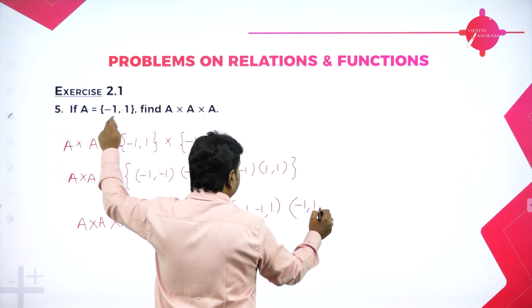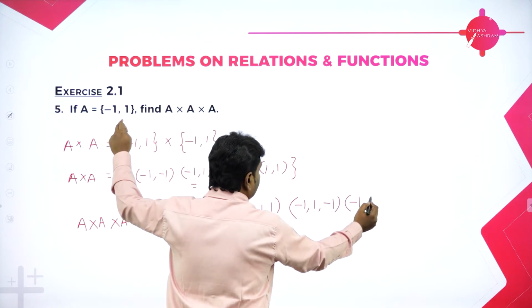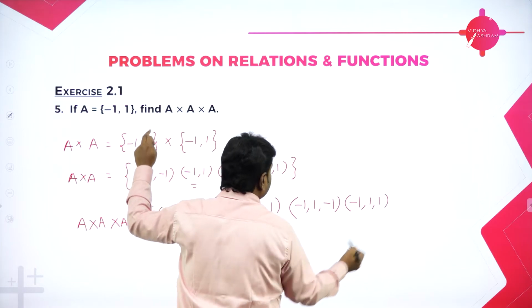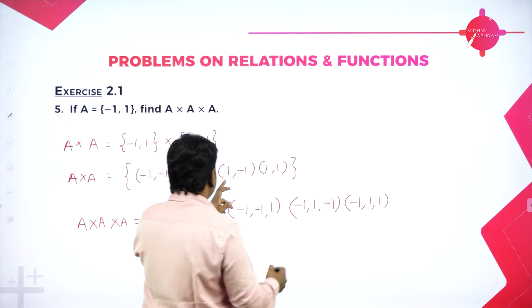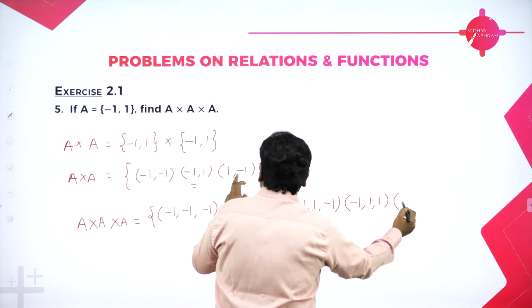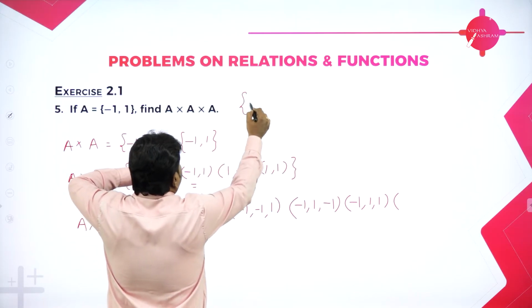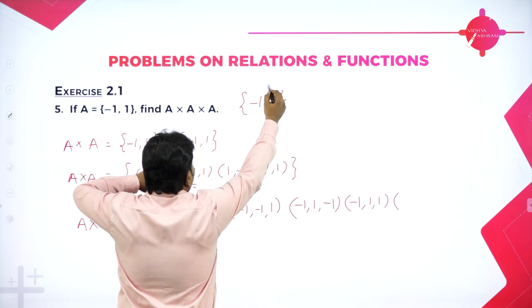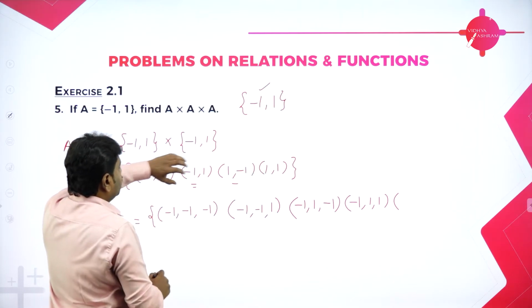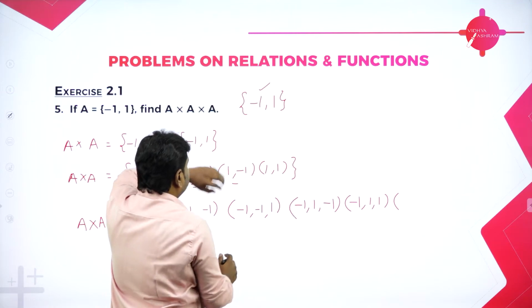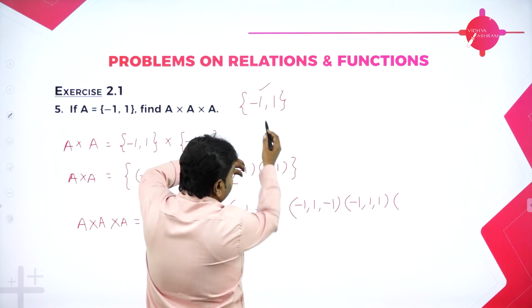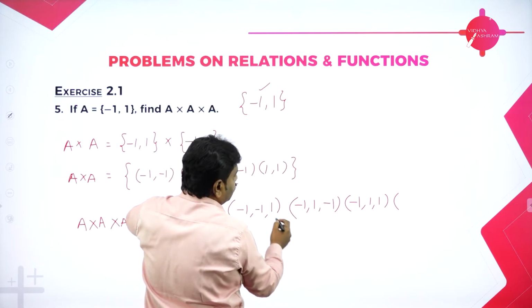Take the first element here, minus 1, then second element here, 1. Then go to the third element, 1 comma. The first order pair I took, I club with A. What is A? Minus 1 comma 1. I clubbed with minus 1 with the first order pair, then I'll take this and club with this, and I'll get these two. Then I'll take this and club with this, that is my 1 minus 1.